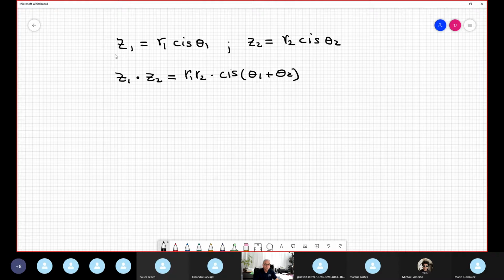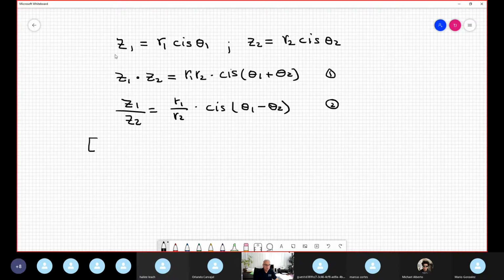And division is similar. You divide the radii and cosine plus I sine, subtracting numerator minus denominator. It's a formula, guys. Formula number 1, multiplication. Formula number 2, division.